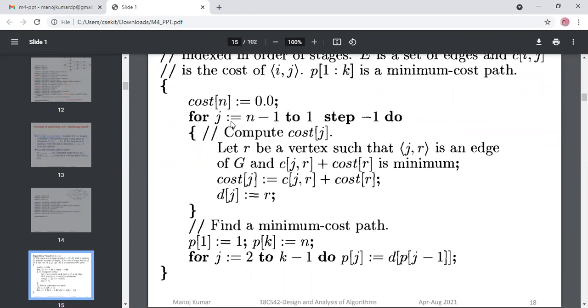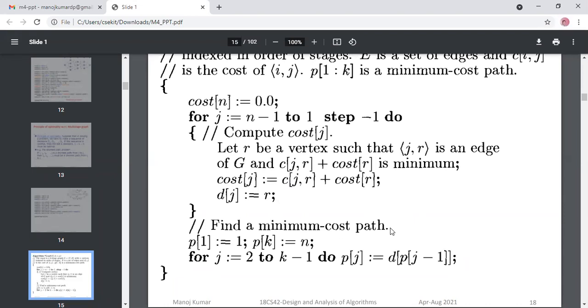For j equals n minus 1 to 1 step minus 1, let r be a vertex such that j comma r is an edge of G and C of j comma r plus cost of r is minimum. Then cost of j is equal to C of j comma r plus cost of r. You just add these two. Similarly, you assign d of j is equal to r.